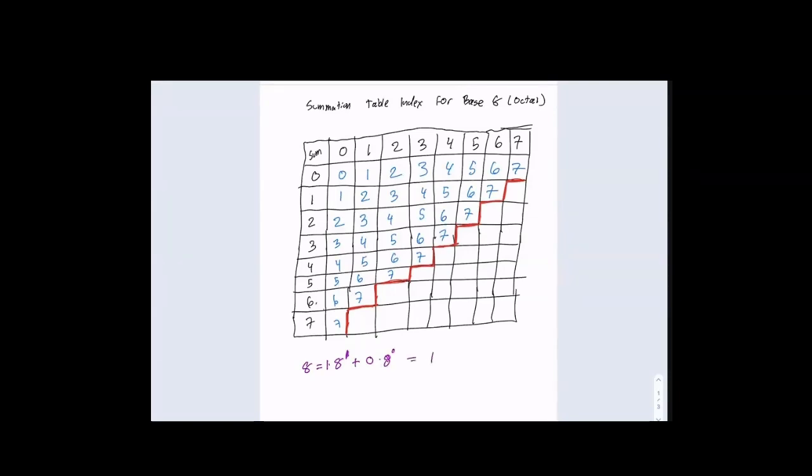So 8 is 1, 0. 9 in octal would be 1 times 8 to the 1 plus 1 times 8 to the 0, which would be 1, 1. So this gives me 1, 0. So we go from 7 to 1, 0.